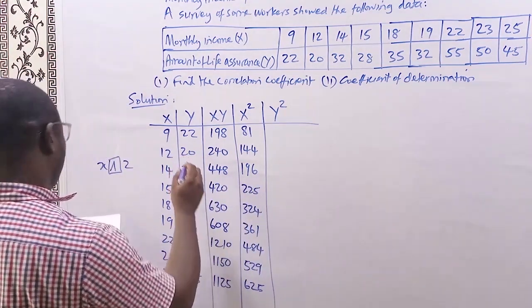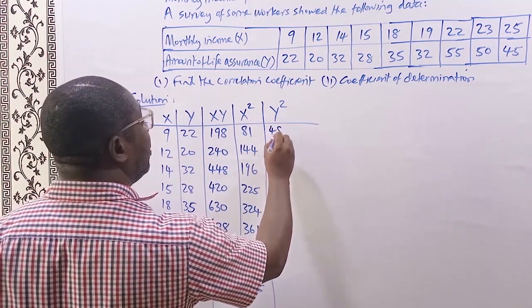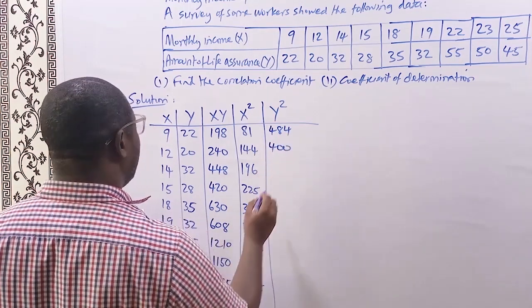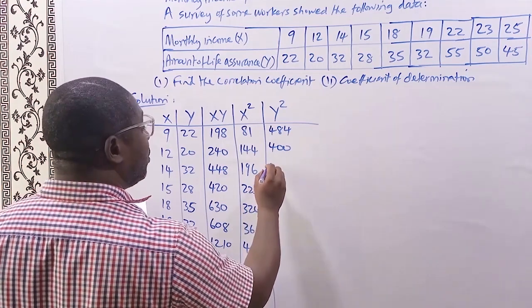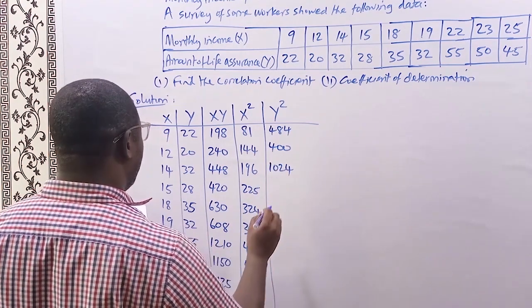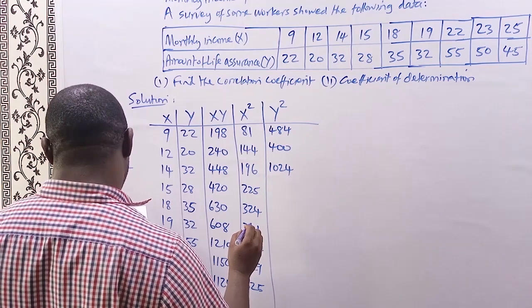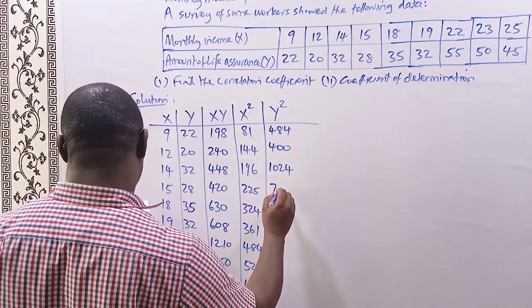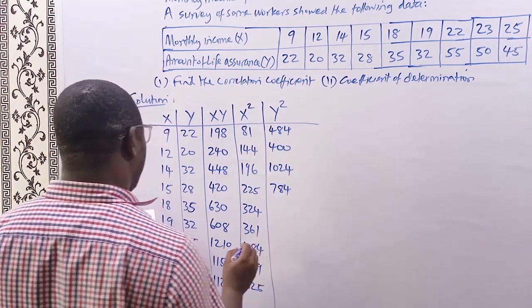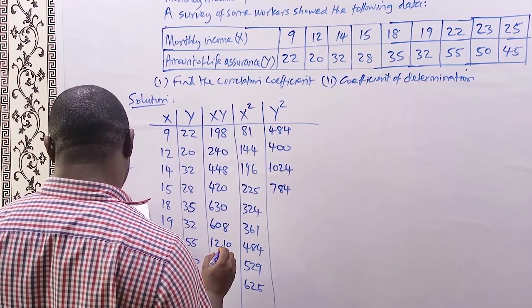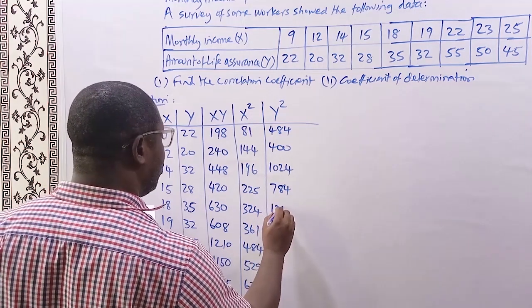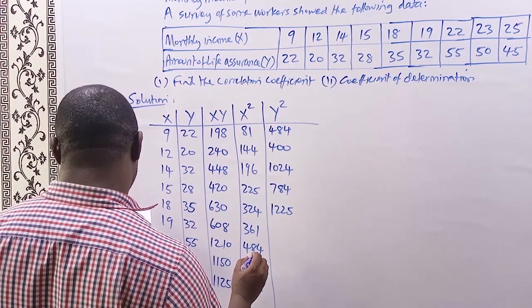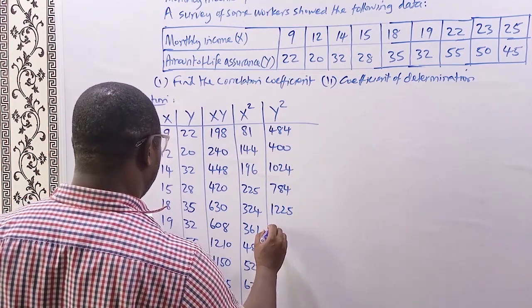So the first one, 22 square, will give us 484. 20 square will give us 400. 32 square will give us 1024. 28 square will give us 784. 35 square will give us 1225.